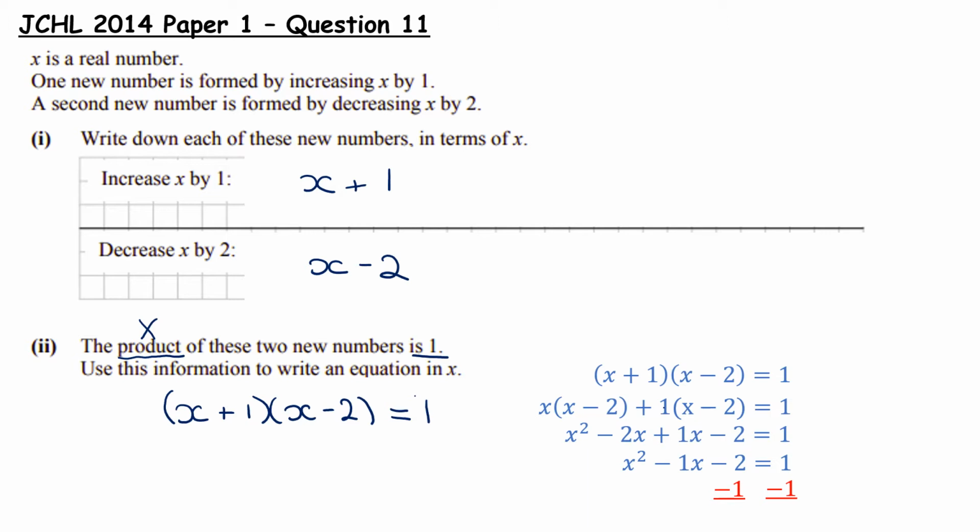So my final quadratic equation in the form that we're used to working with is x squared minus x minus 3 equals 0. And you can put that 1 in the middle or you can leave it without a 1. There's no issue. Either the first step we had is perfect, but you're going to need to expand this out for the next part anyway.